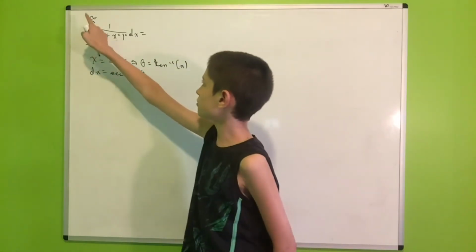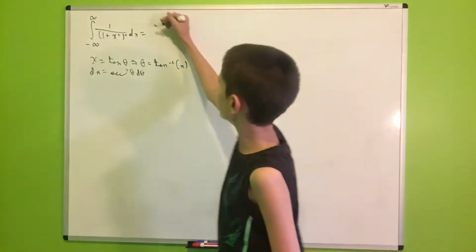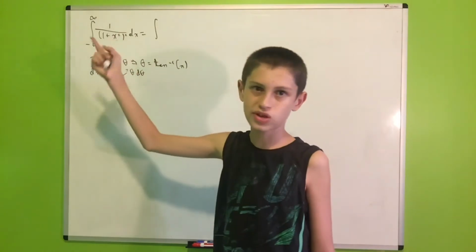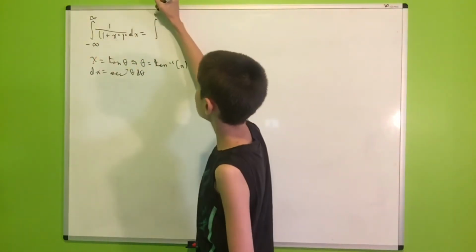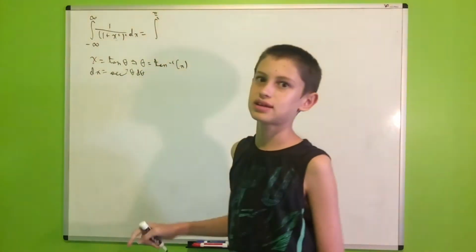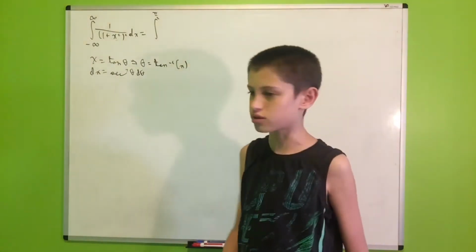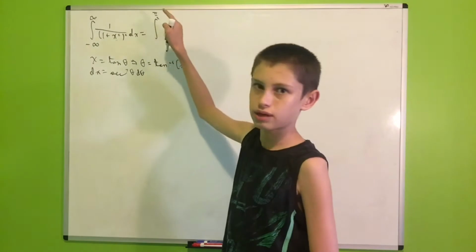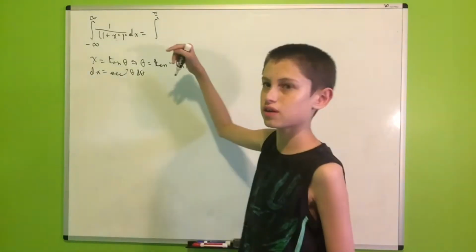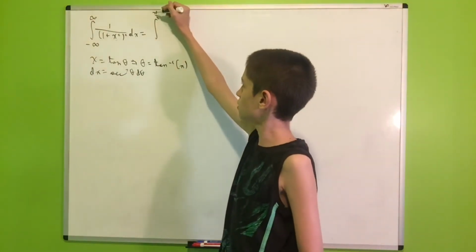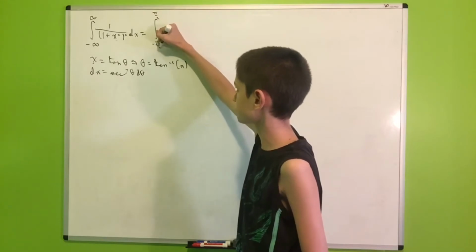But then, if we plug in our bounds, as x approaches infinity, arctan x approaches pi over 2, and as x approaches negative infinity, since inverse tangent is an odd function, it will approach negative pi over 2 in this case.